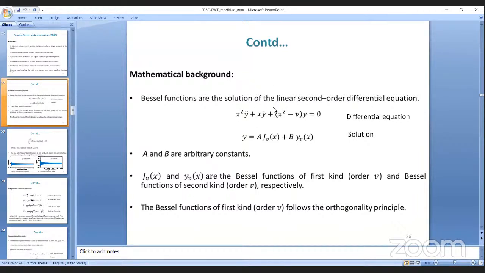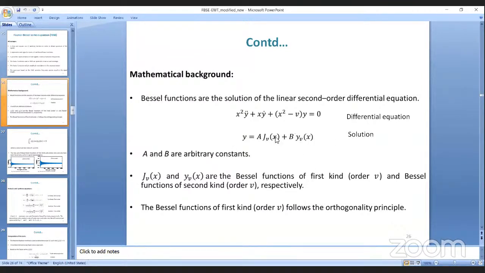And when you solve this linear second order differential equation, you will have a nice solution, that is y equal to a Jv(x) plus b Yv(x). So a and b are arbitrary constants, and Jv(x) and Yv(x) are the Bessel functions of first kind, order v, and second kind, order v, respectively.